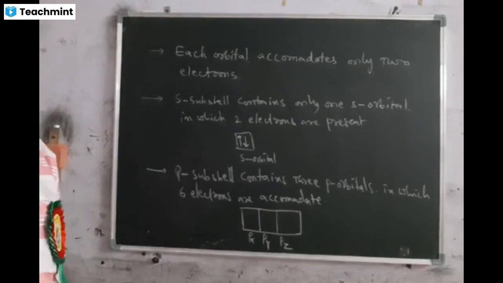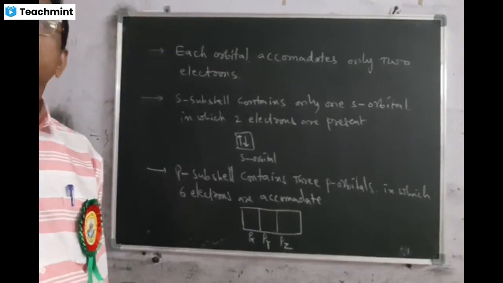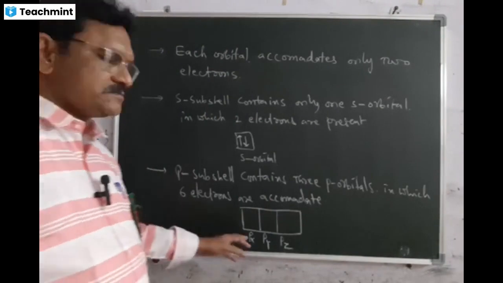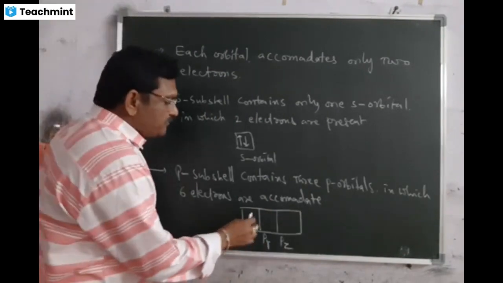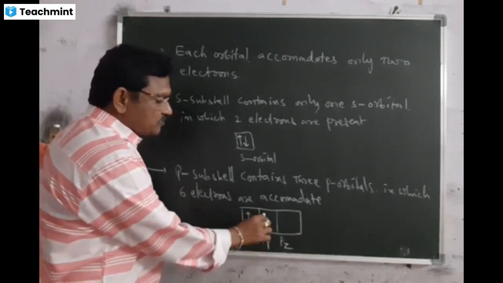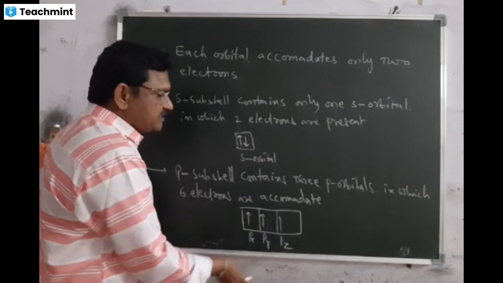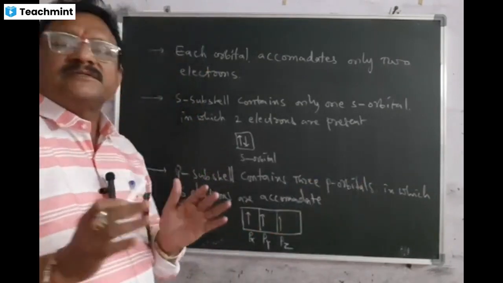So here the p subshell contains 3 orbitals: px, py, pz. If you want to accommodate electrons like this, 1, 2, 3. In 3 orbitals, how many electrons can we accommodate? 6 electrons.